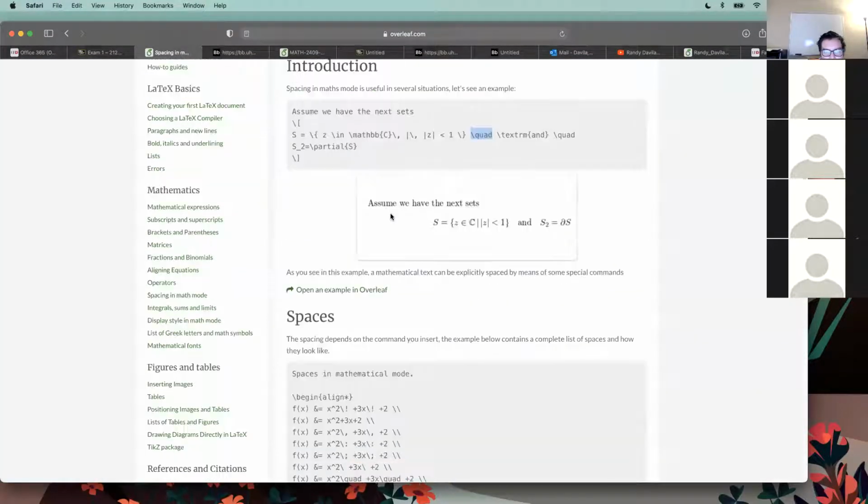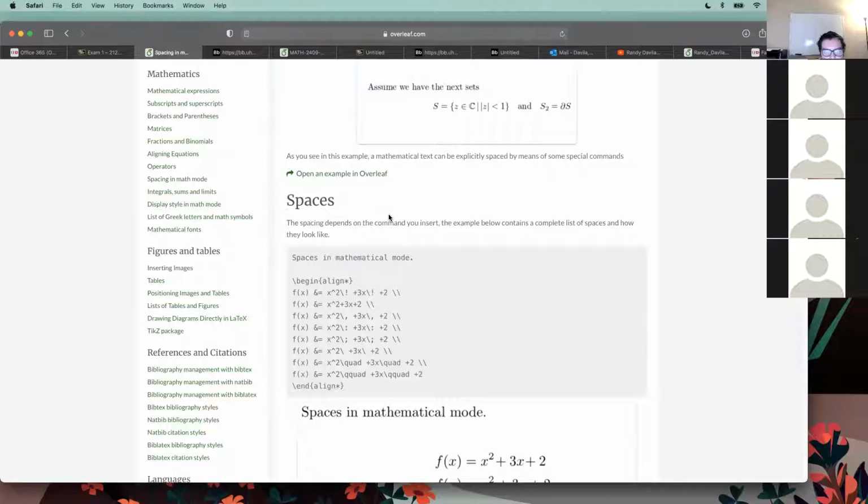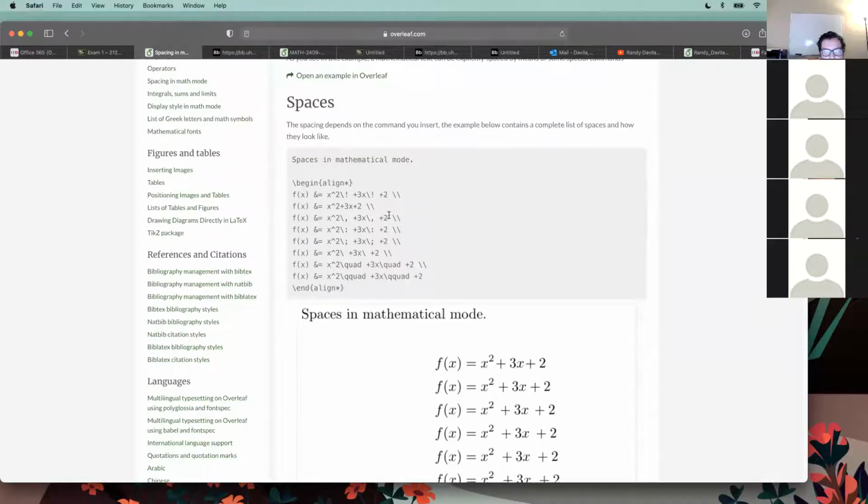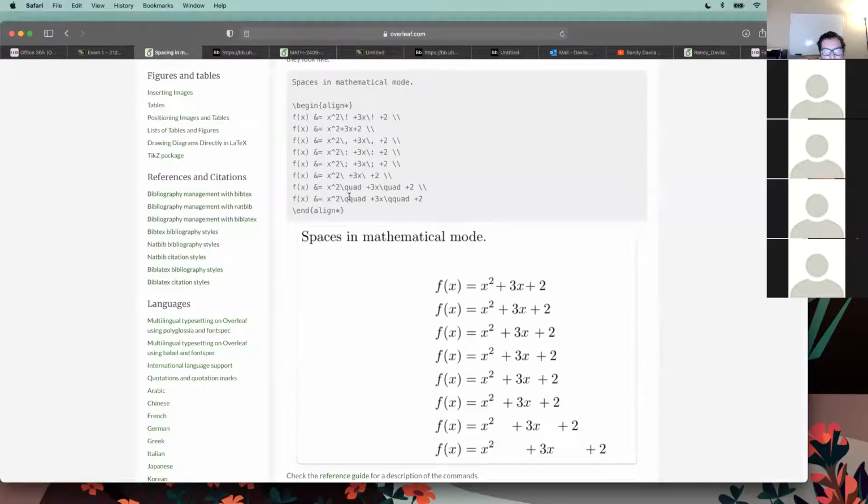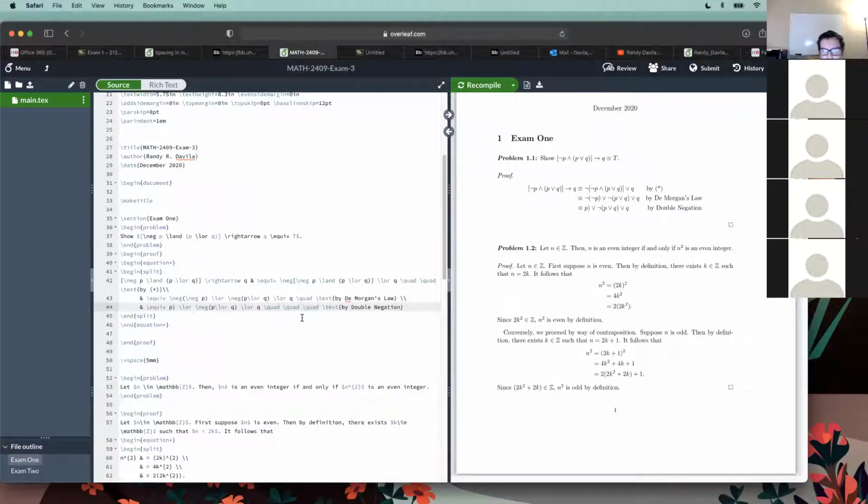So if I look at spacing, oh, there's like a double Q. You see that? That makes it go a little bit further. So I'm just playing around with it right now. So I'll just put like a double Q there.